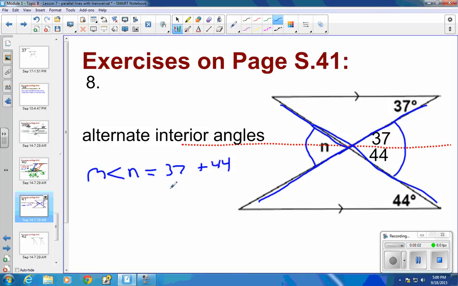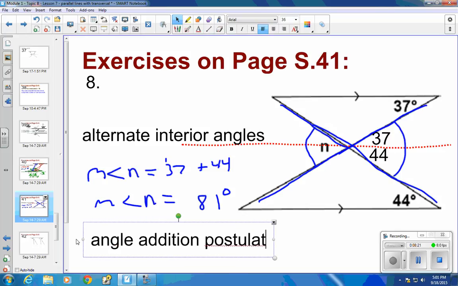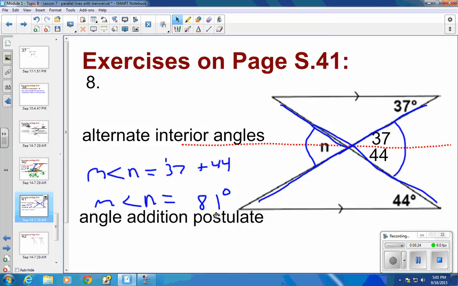And that's our angle addition postulate. So the measure of angle N is going to be equal to 7 plus 4 is 11, carry the 1, 4 plus 4 is 8, so that's 81 degrees. And that is my angle addition postulate. It says that if you add the two small pieces, you get the big piece.